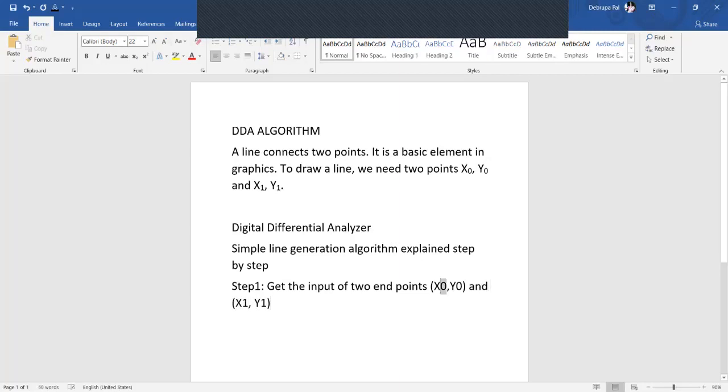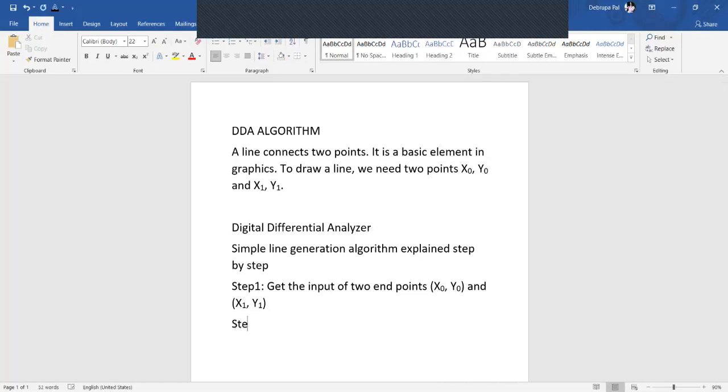So these are the starting point and end point of the line. The line will start at x0, y0 and it will end at x1, y1.